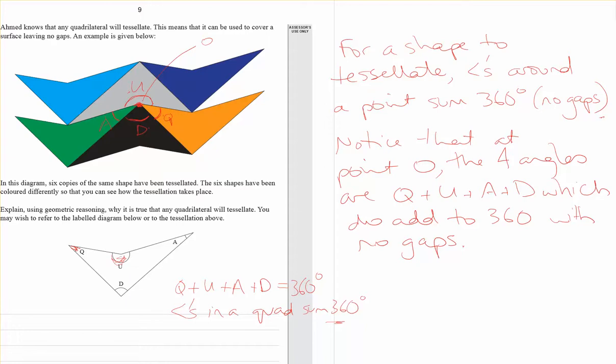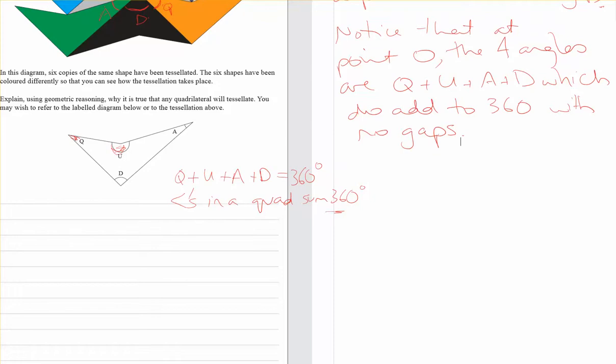And obviously this is going to be true for any quadrilateral, will have the same property. If you want a bit of an explanation to carry on, although that's probably enough, any quad will have this property.